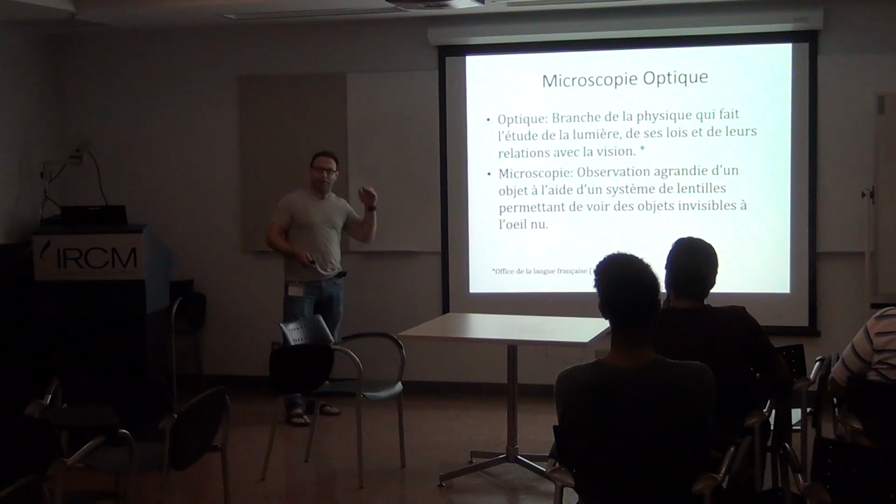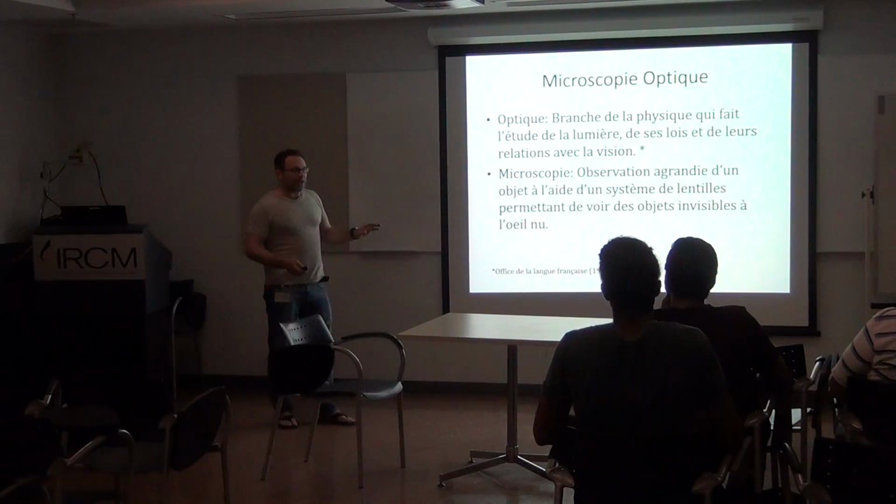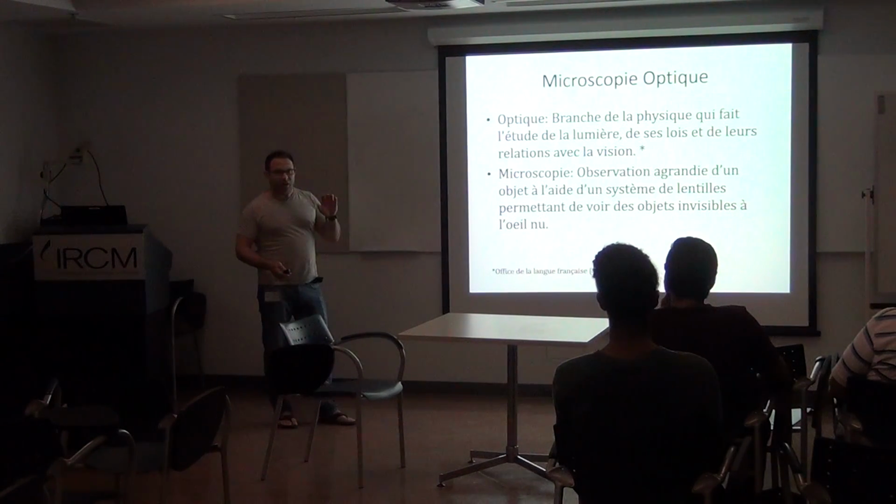Now here we only play with light, which are photons, and that's basically what we do. And the advantage of using optical microscope is that we can still keep the specimen almost alive, contrary to an electron microscopy.